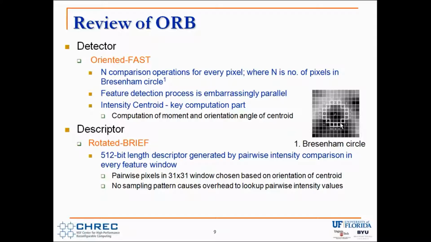The key computation involved is the calculation of the intensity centroid, which is the orientation part of FAST. BRIEF generates a descriptor by pairwise intensity comparison in every feature window.